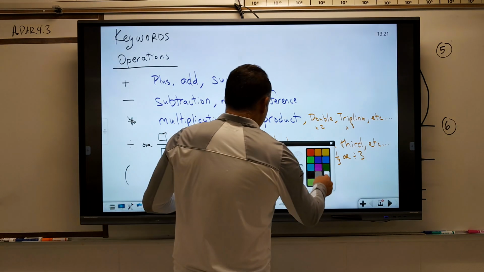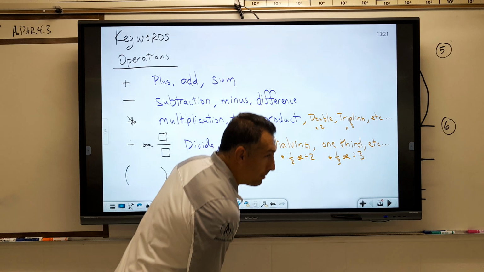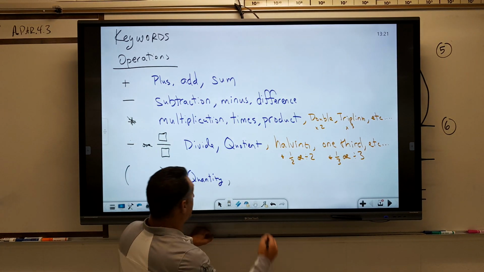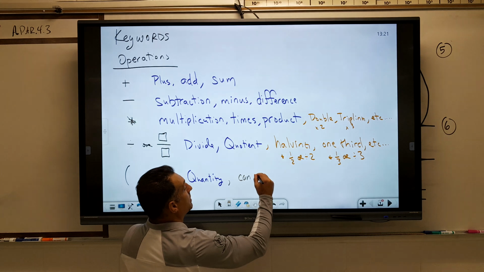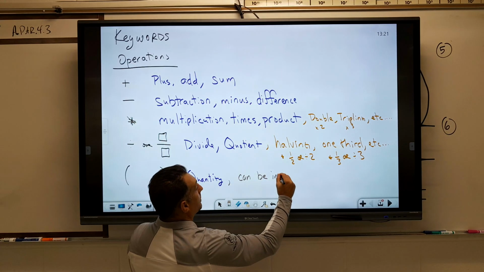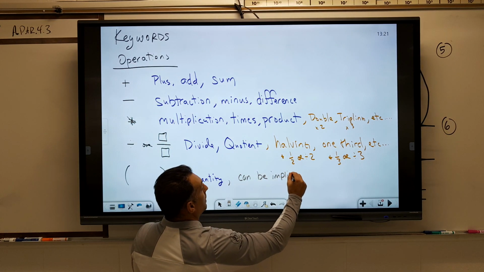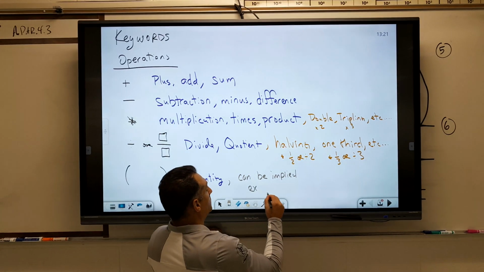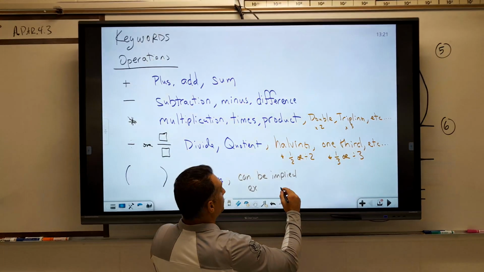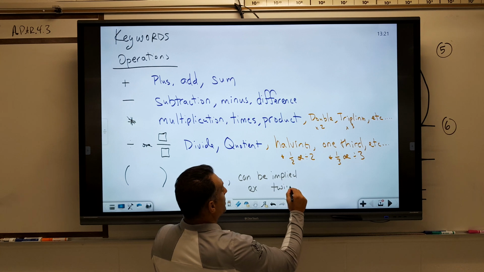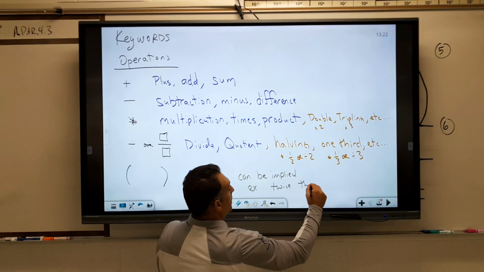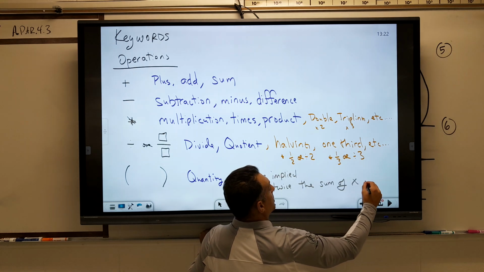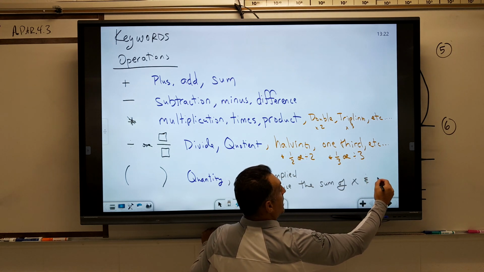This quantity can be implied. There's another example where it could be implied in the context. For example, twice the sum of x and, let's say, 7.